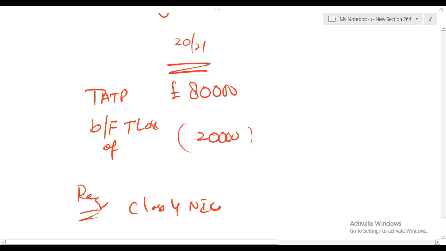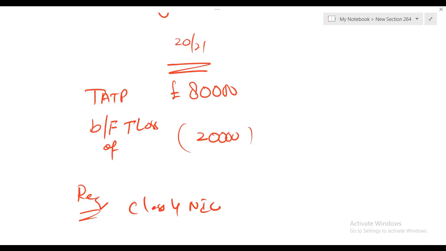Now listen, class 4 NIC is payable on tax adjusted trading profit, but after deducting trading losses, if we have losses. Obviously, if there are no losses in the question, then you apply class 4 NIC on the trading profit given to you.